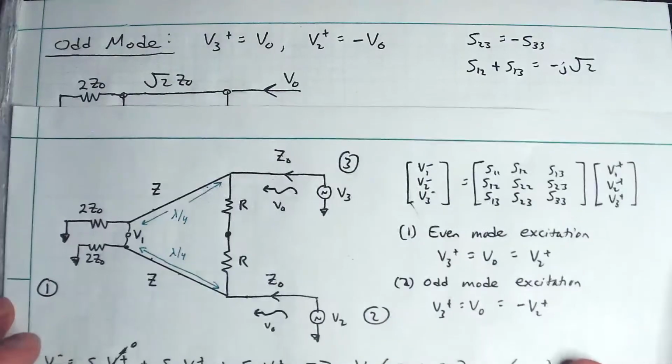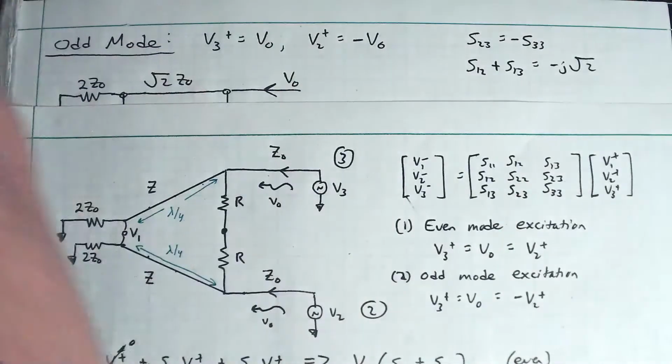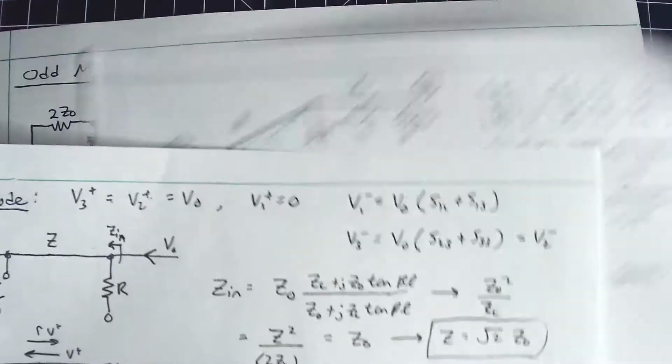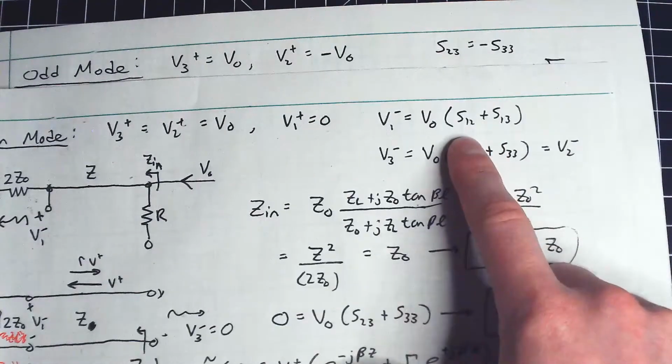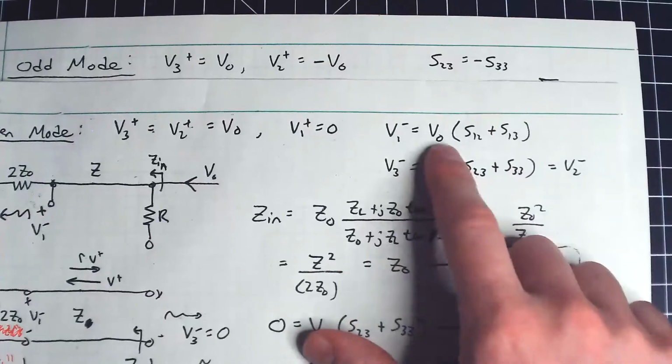Okay, so let's take a look now at this matrix here. Remember last time we derived these two equations here. This was subject to even excitation. When I do odd excitation, I have to add minus signs here.